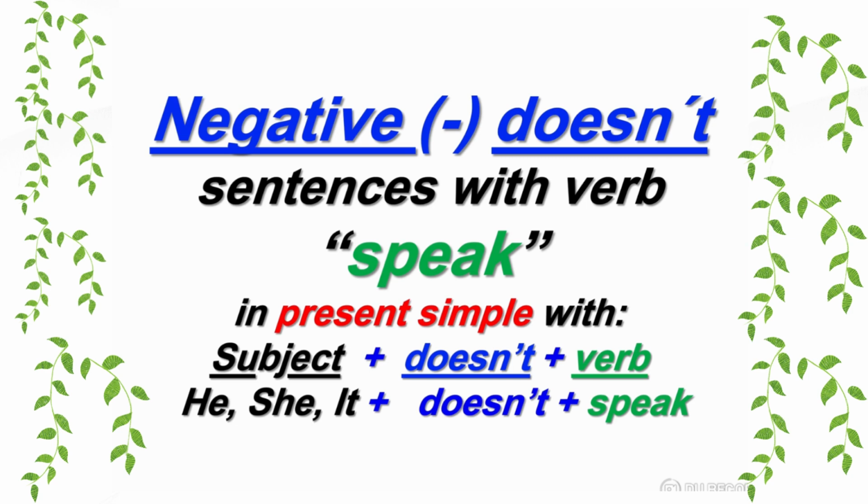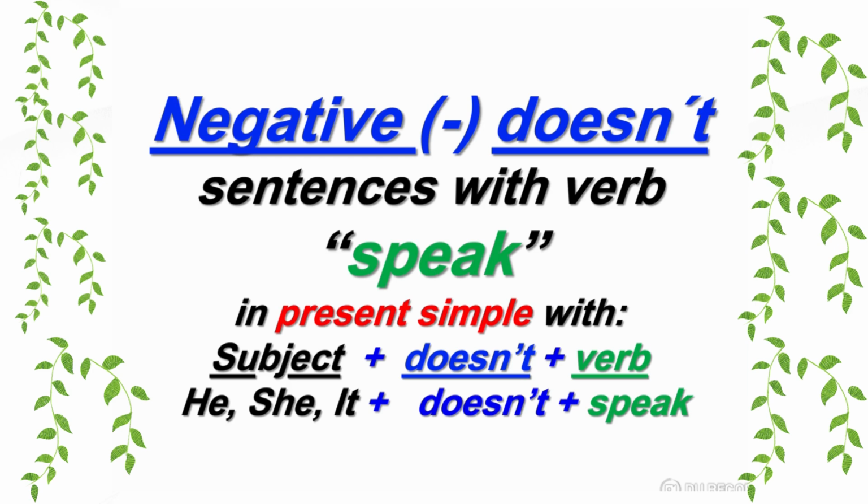Why? Because we have doesn't. The students say, oh, the verb with he, she, it takes s, so why doesn't it take s here? Because there is the word doesn't. When we have the word doesn't, the negative form, the verb remains in the infinitive form without any s.